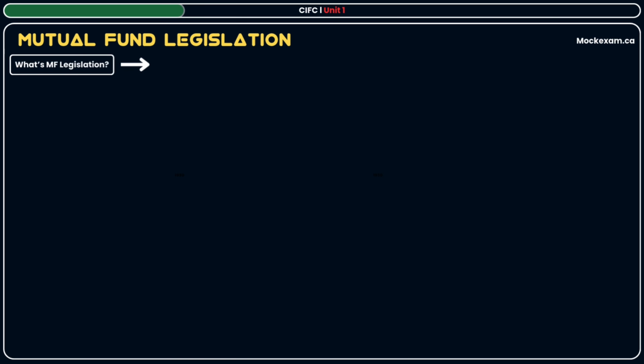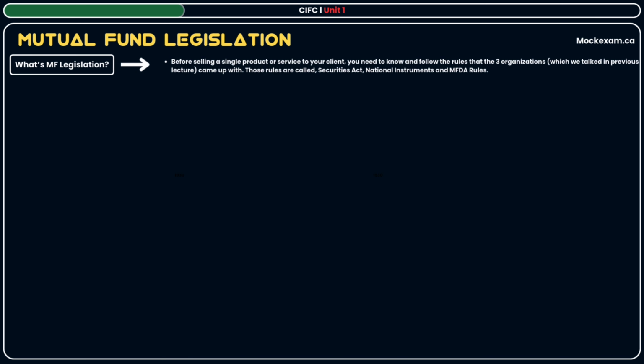What's mutual fund legislation? Remember, before selling a single product or service to your client, you need to know and follow the rules that the three organizations, which we talked about in the previous lecture, come up with. What were those organizations and what were the rules?